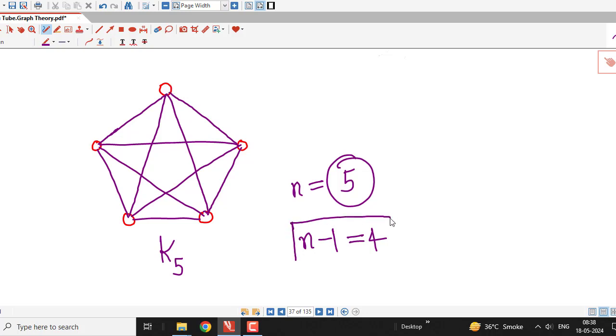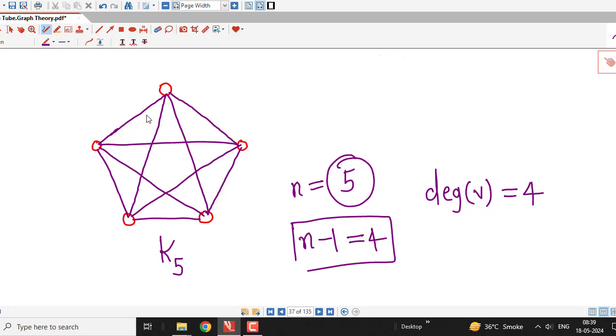What is the meaning of this? For every vertex there are 4 edges ending at that vertex, or there are 4 edges meeting at a vertex in a complete graph. That means the degree of any vertex in this graph is n minus 1, that is 4.